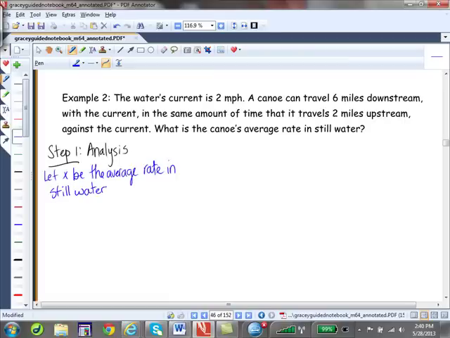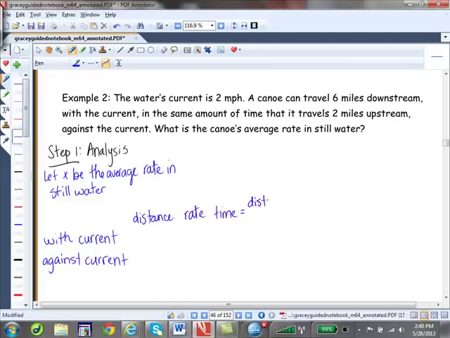Again, we've got, with the current, against the current. So with current, against current. And then again, distance, rate, and our time, each individual time equals the distance over the rate.